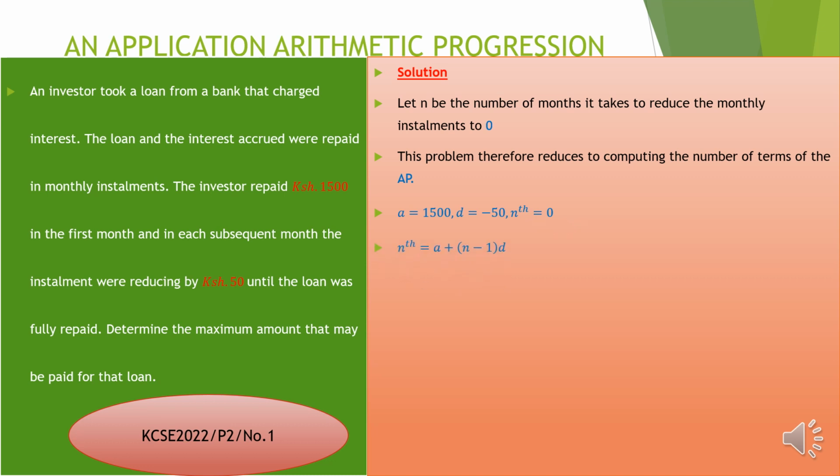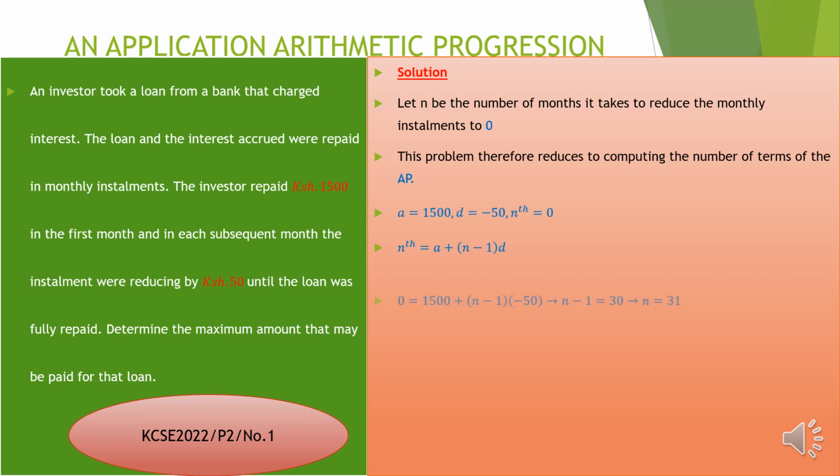Once we know that, we are going to recall the relation of the nth term, which is given by a plus n minus 1 multiplied by d. That is the first term plus n minus 1 multiplied by d.